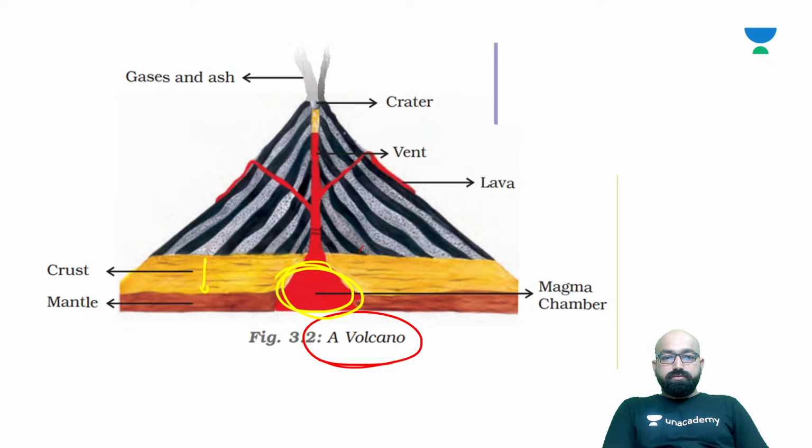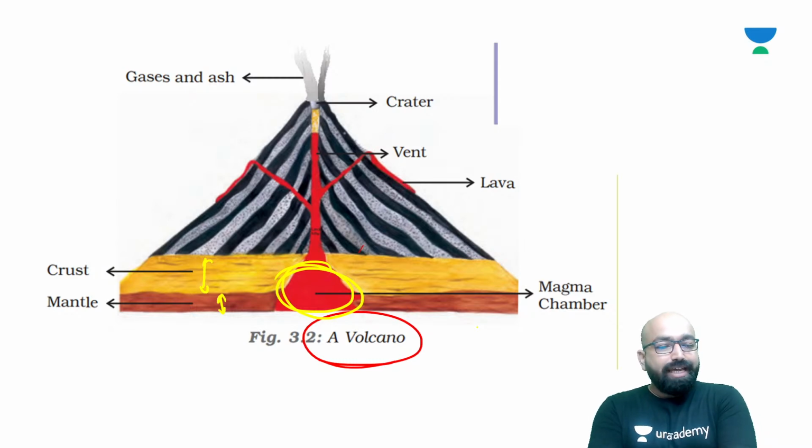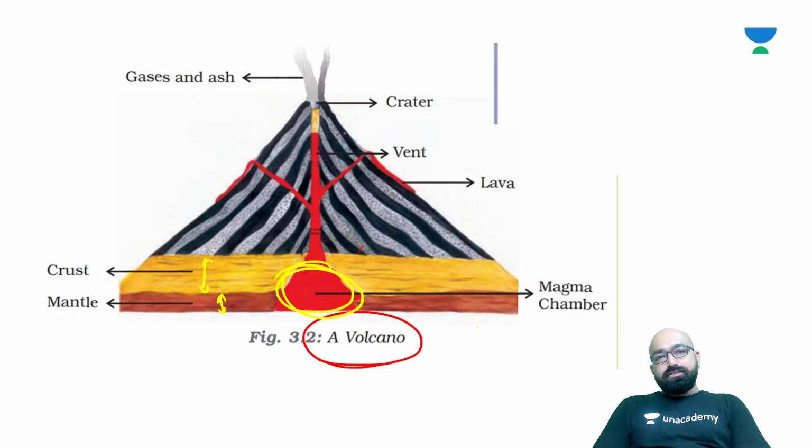This is the crust. This is the mantle. Now, friends, when the lithospheric plates move, the surface of the earth vibrates, and these vibrations can travel all around the earth.